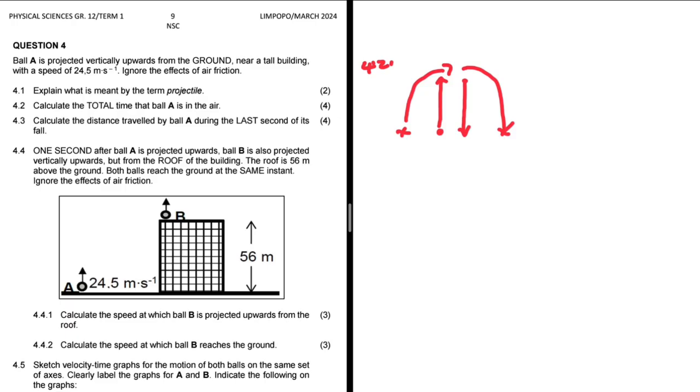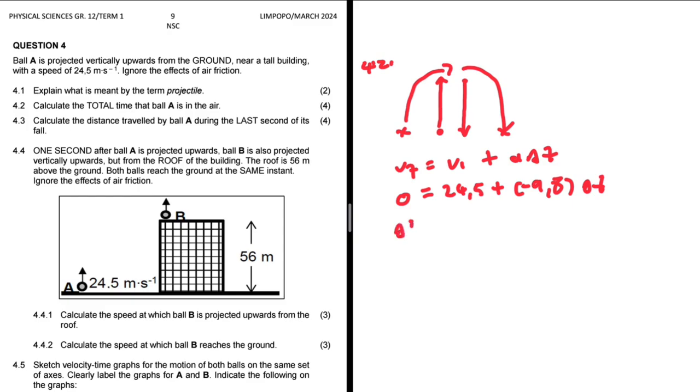Let me show you. We can say vF equals vI plus a delta t. At the maximum height, we know that the velocity is 0. I'm taking up as positive, so vI is 24.5 plus minus 9.8 delta t. So delta t equals minus 24.5 divided by minus 9.8, which is 2.5 seconds.